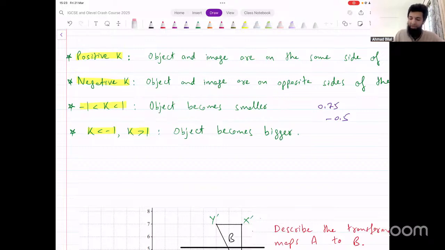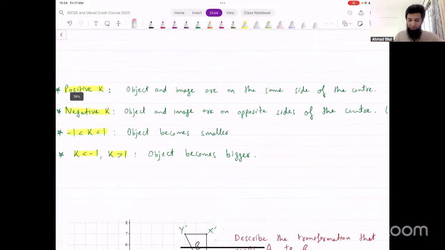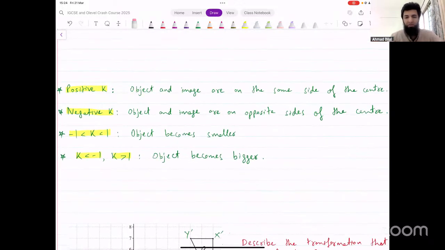And if the scale factor is greater than 1 or less than -1, so -2, -3, for example, in these cases, the object becomes bigger. Okay, so these are important things that you need to take note of for enlargement. Okay, now that's how we apply enlargement.